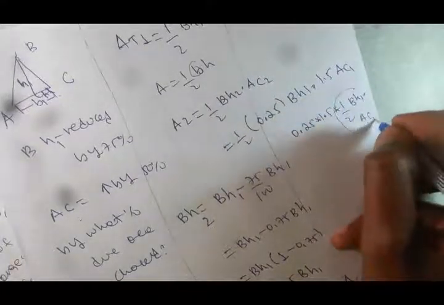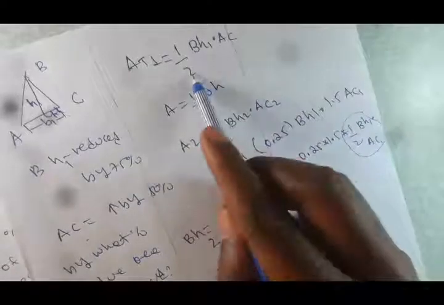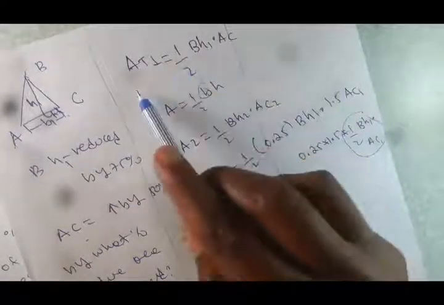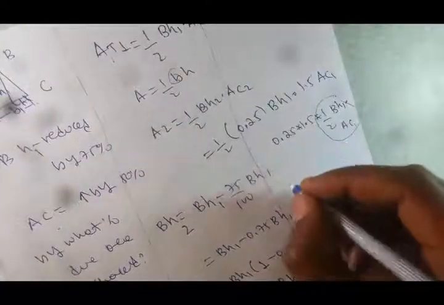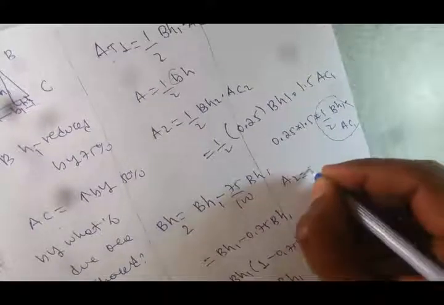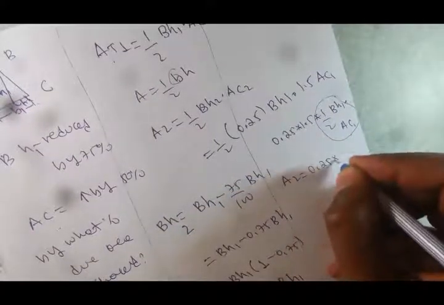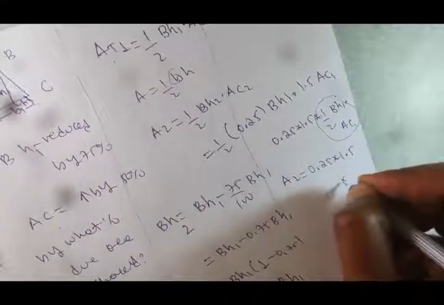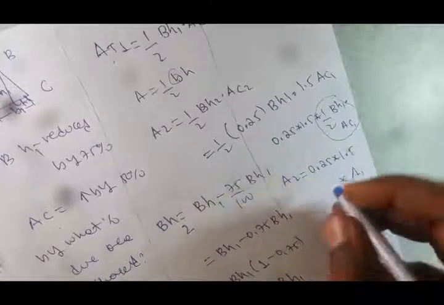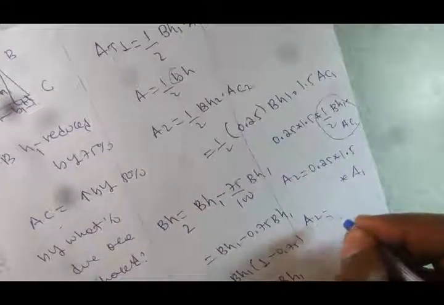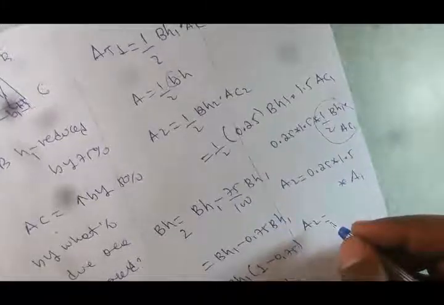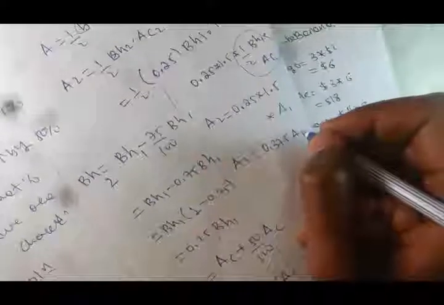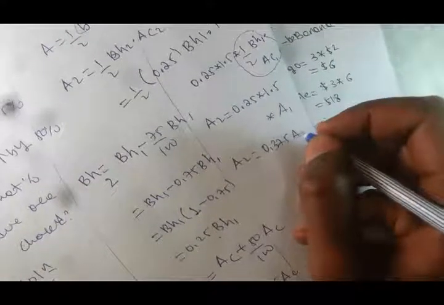We know that 1 over 2 BH1 times AC1 is equal to A1. Therefore A2 is equal to 0.25 times 1.5 times A1. This will be 0.375 times A1.